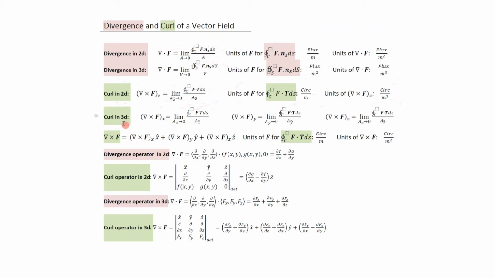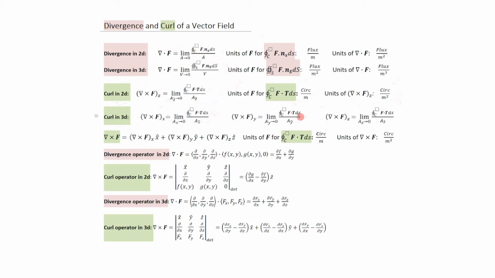In 3D, of course, there's no issue, and you can apply the curl operator. In this case, you'd have three components to the curl: the X component, the Y component, and the Z component. So this would involve a closed contour integral in the ZY plane divided by the area bounded by the contour.